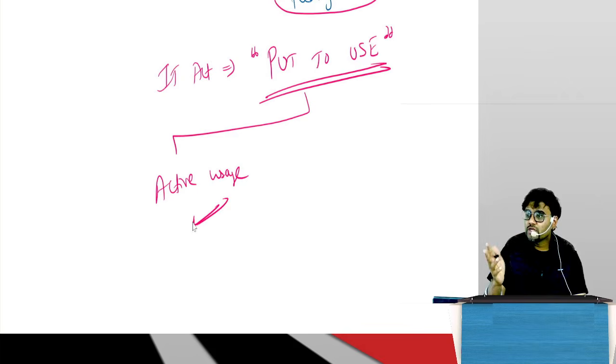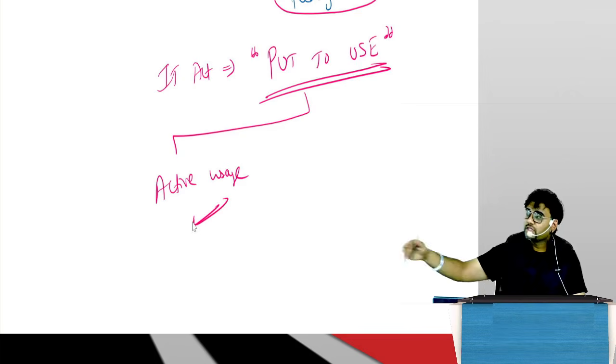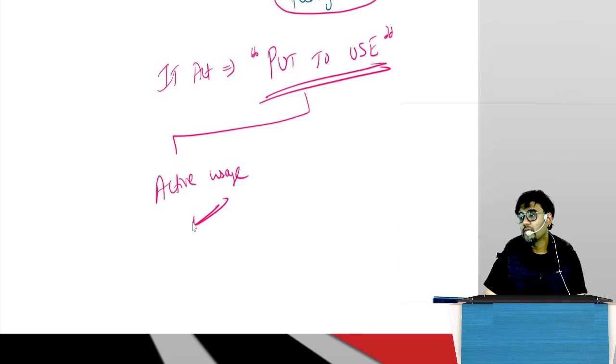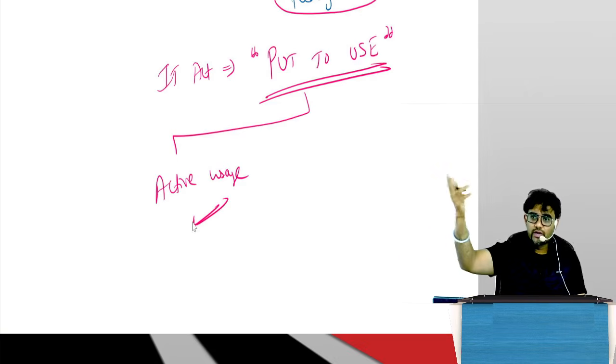Is it ready to use or put to use? Ready to use, available for use. As per company law, no tension, you take depreciation on everything, on that AC lying also, on that fire extinguisher. But in the Income Tax Act, for the AC, until it is installed, you cannot take it.